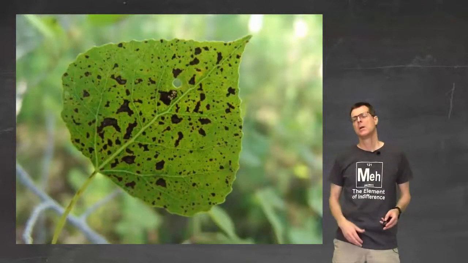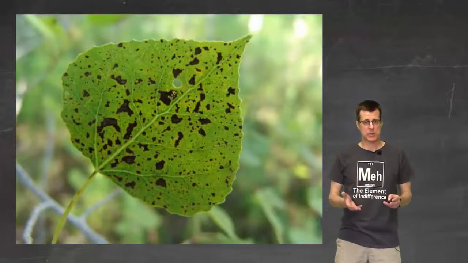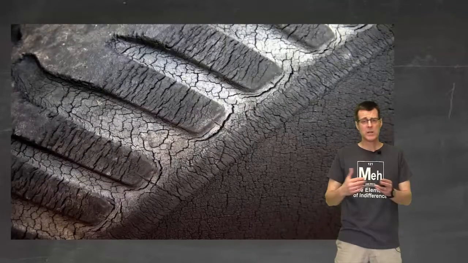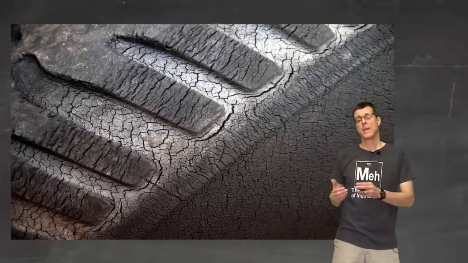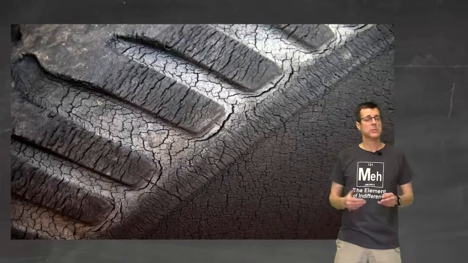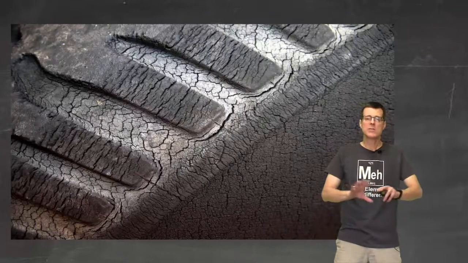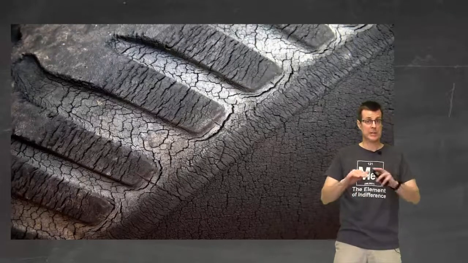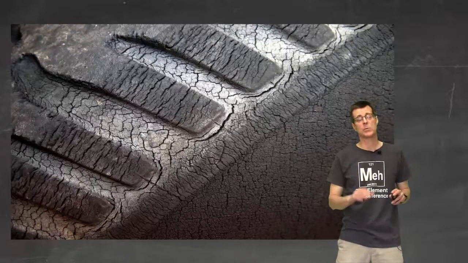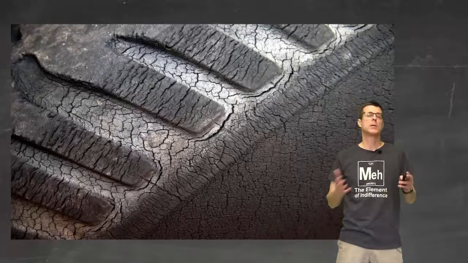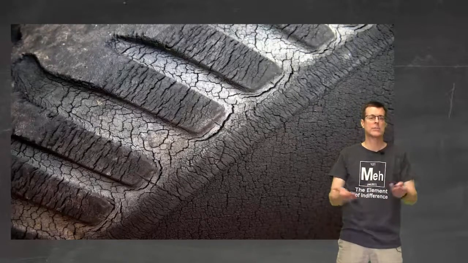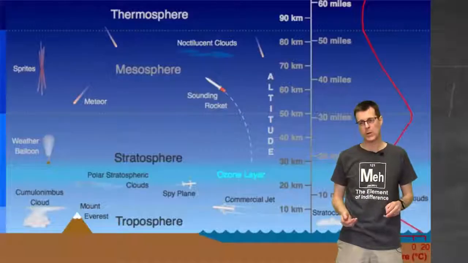It's a leaf, but it's been damaged by exposure to ozone. And there's a tire, I knew what that one was, that's also been damaged by exposure to ground level ozone. Now, all of this is not to say that ozone in the ozone layer is bad, because we definitely want ozone in the ozone layer, but ozone in ground level areas is definitely not something we want.